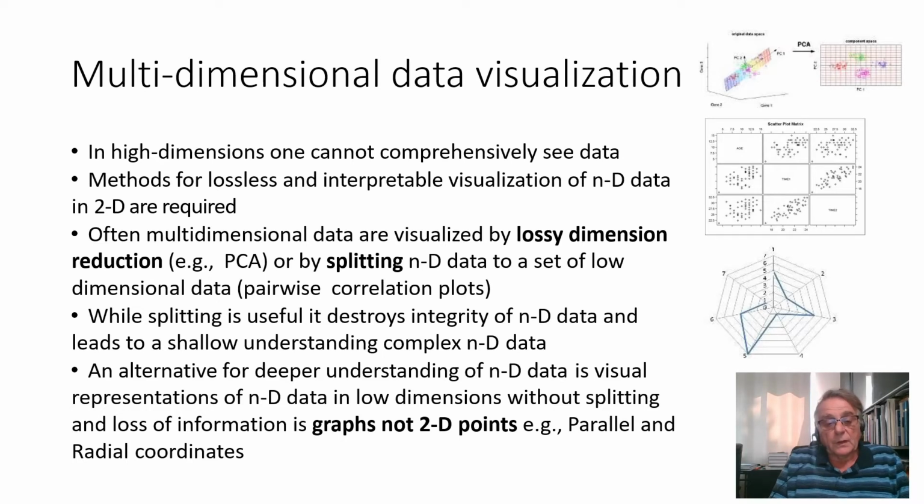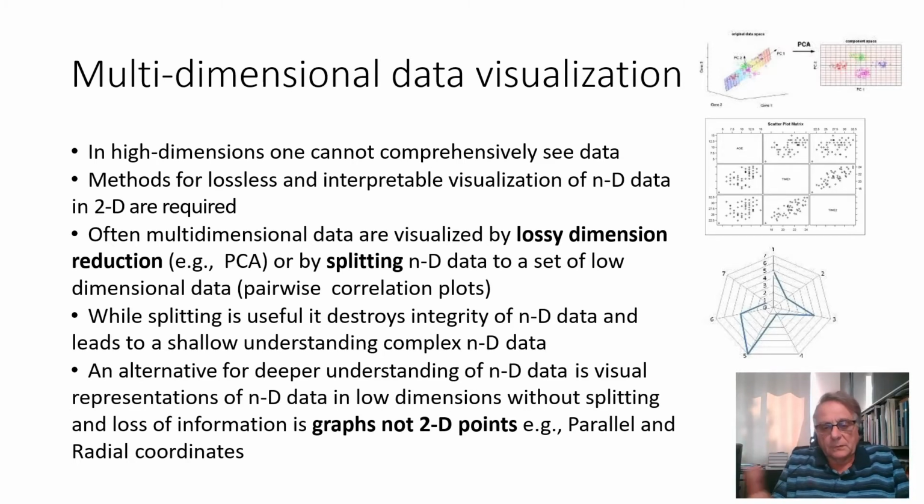An alternative for a deeper understanding of ND data is visual representation of ND data in low dimensions without splitting and without loss of information: a graph approach, not a 2D point. Parallel and radial coordinates are examples of such methods. In principal component analysis, we actually map, say, a 10-dimensional point, a vector with 10 values, to 2 values.